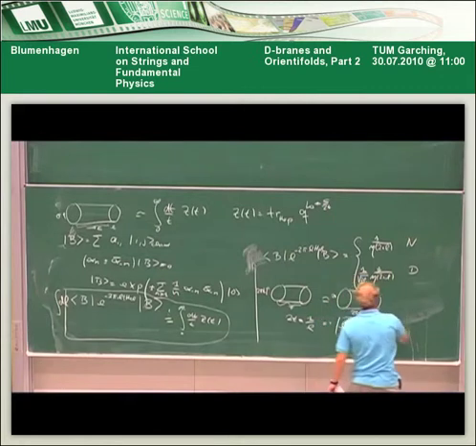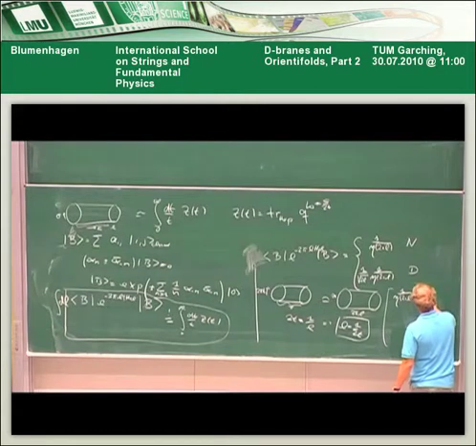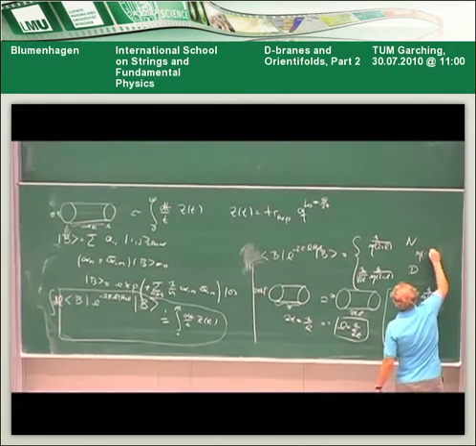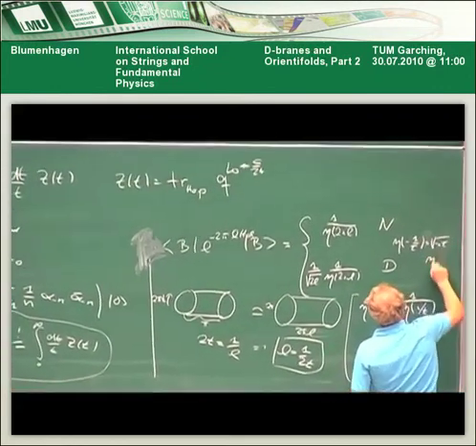In order to relate these two expressions, we write this result as 1 over 2πi L. Then we use this relation, so it's i over t. And now you see that we can use the modular property of the Dedekind eta functions, which I explained last time: eta with the argument minus 1 over tau is the square root of minus i tau times eta of tau.